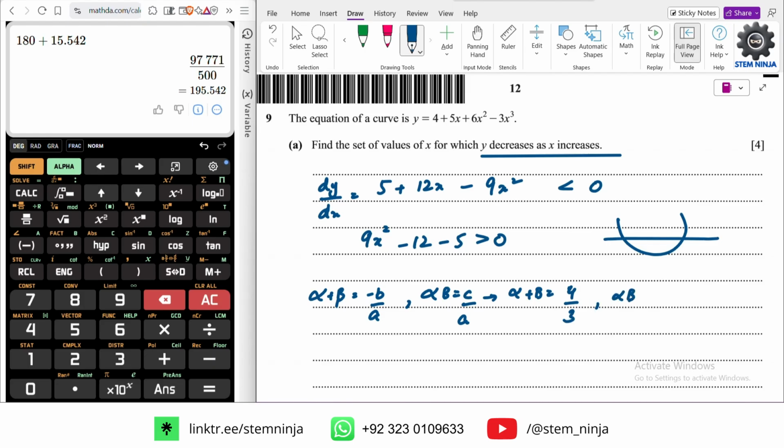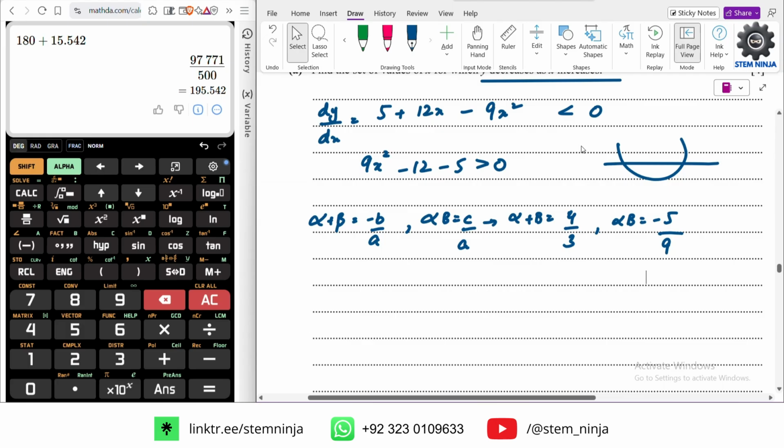And alpha beta itself is c over a, which is minus 5 over 9. So this would be kind of difficult to see over here.